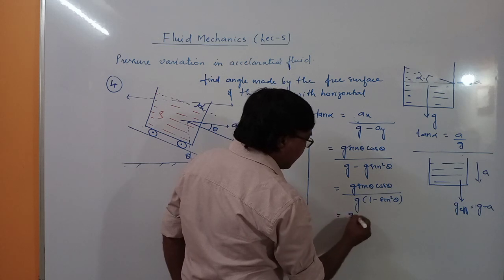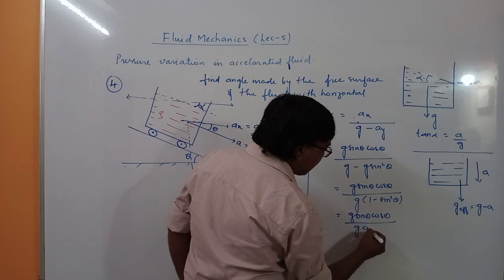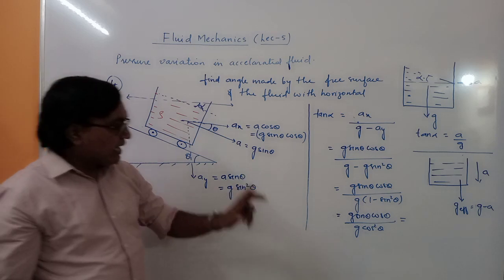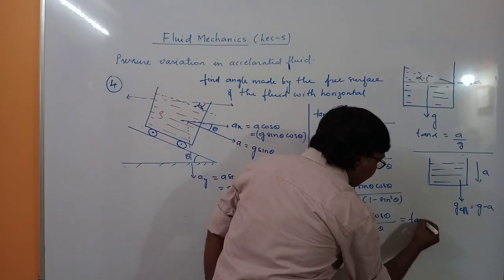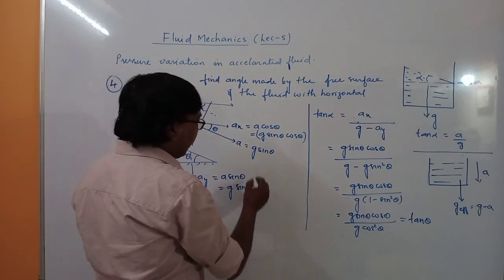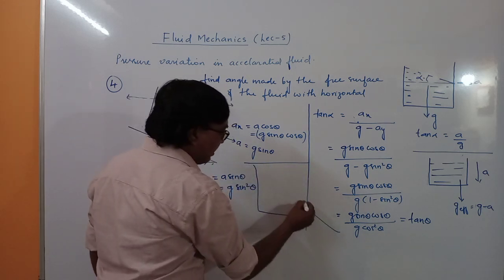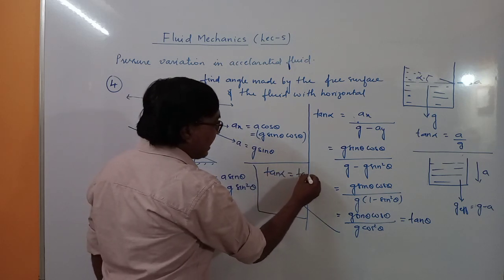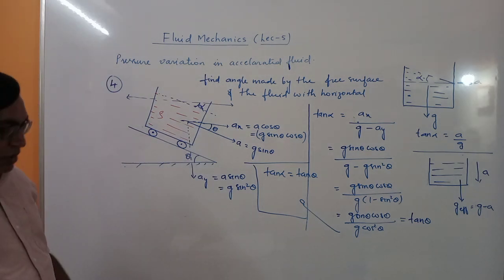So this is g sin theta cos theta divided by g cos square theta. So that is equal to, cos theta will cancel, g will cancel, sin theta by cos theta is tan theta. So what we got? We got tan alpha is equal to tan theta.